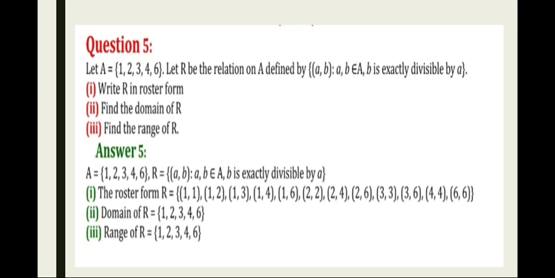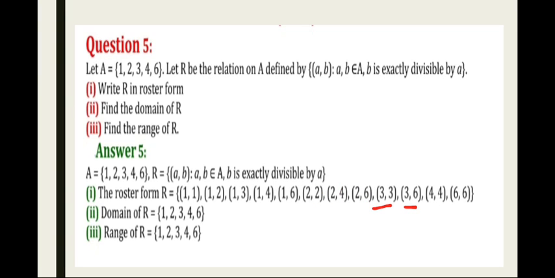If you write it in roster form, it will be the collection of 1, 1; 1, 2; 1, 3; 1, 4; 1, 6. Look here, every number is divisible by 1: 1, 2, 3, 4, 6. Then 2, 2; 2, 4; 2, 6, since 2, 4, 6 are divisible by 2.